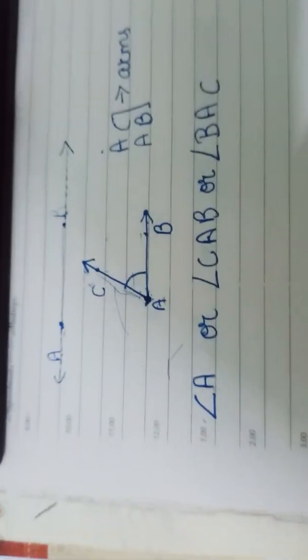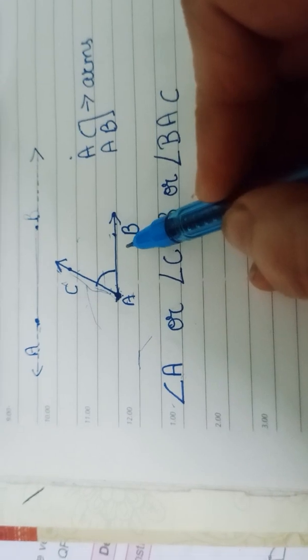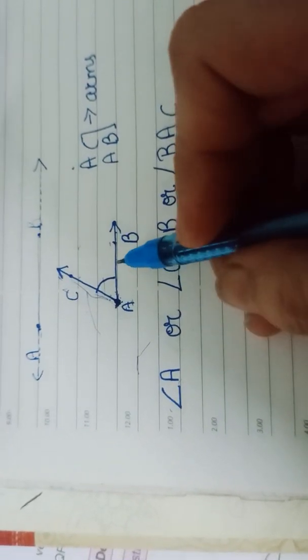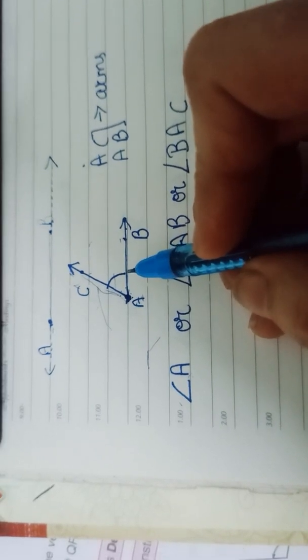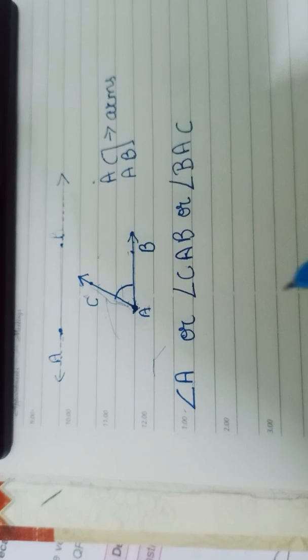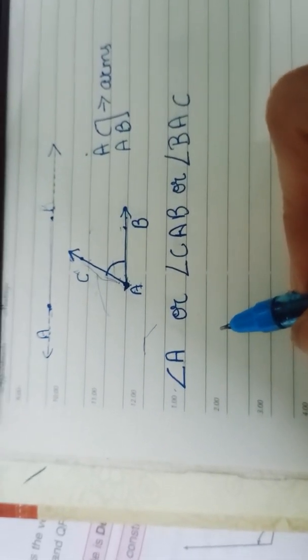Now we say that AC and AB are the arms of the angle. We measure the angles with the use of protractor, and we can construct also with the use of protractor.